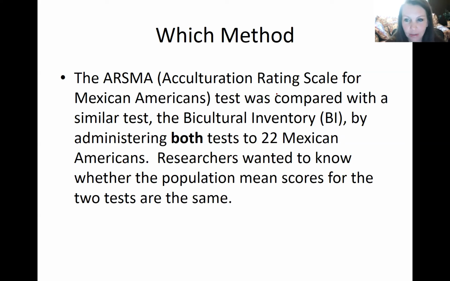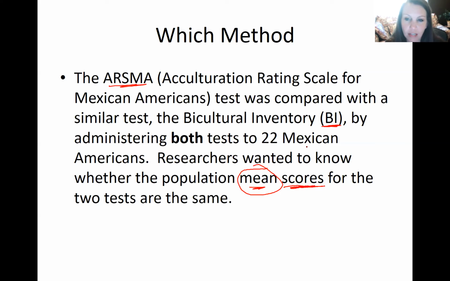It looks like what we're measuring is score on the test. So that's quantitative. And another clue here is we're talking about a mean, so we have keywords there. So we're looking at quantitative, and are we comparing one group, two groups, three or more groups? Two. So we have the ARSMA test and the BI test.